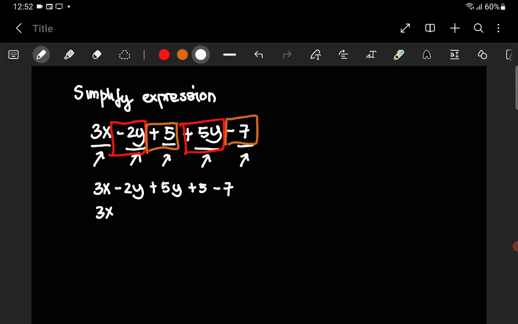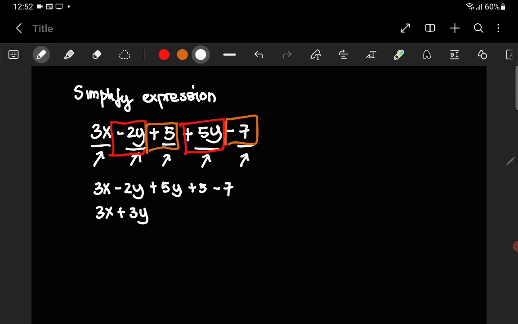Minus 2y and then plus 5y. So basically minus 2 and then plus 5. If you imagine a number line, then I can just say plus 3y.